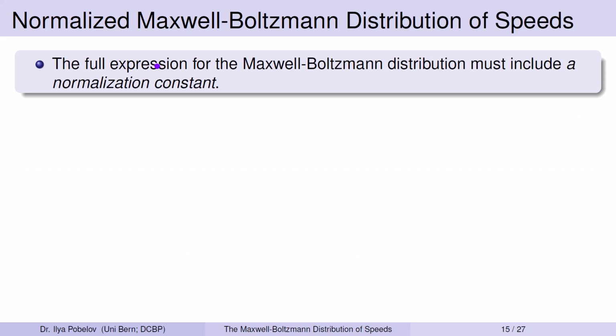The full expression for the Maxwell-Boltzmann distribution must include a normalization constant. To determine the value of the normalization constant, we need to integrate the distribution over all speeds from 0 to infinity and find the value of the constant that guarantees that the total probability of finding particles at any speed adds up to 1, as required for any proper probability distribution function.